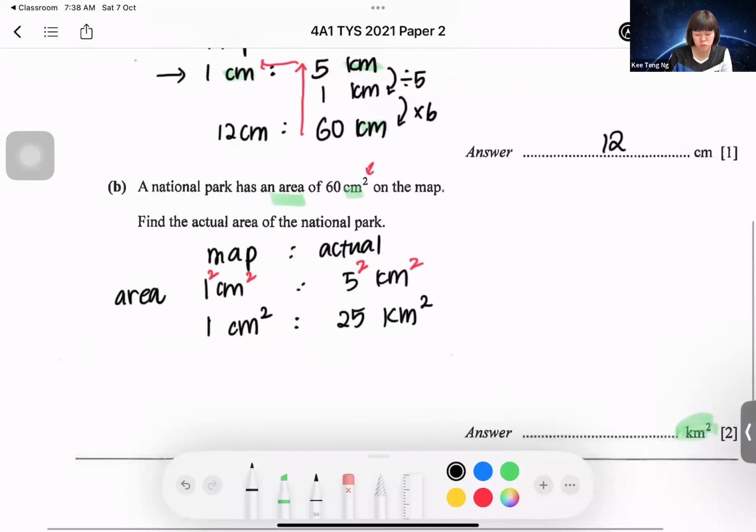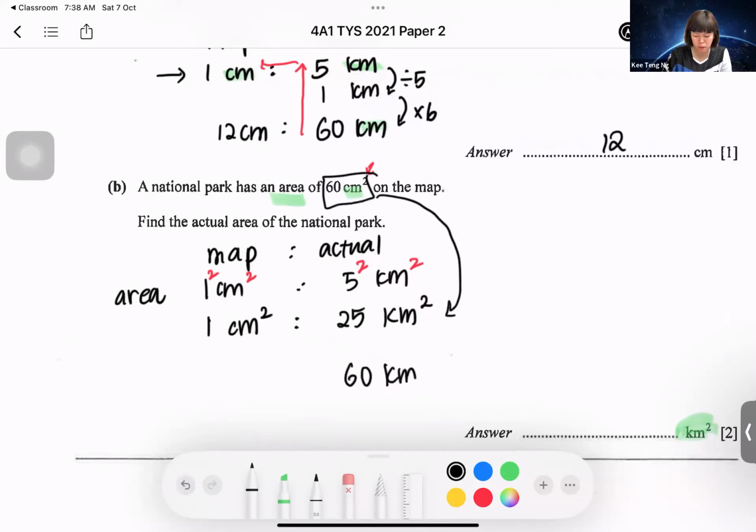Find the actual area. What do I do next? Got the number 60, right? So put the number 60 over here. So 60 kilometers square.